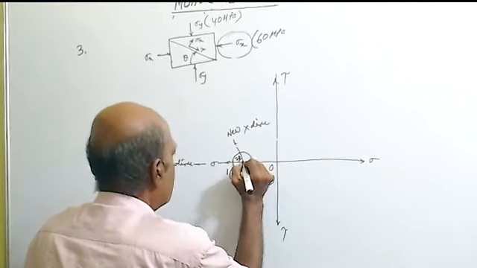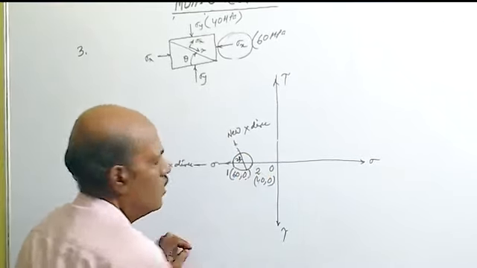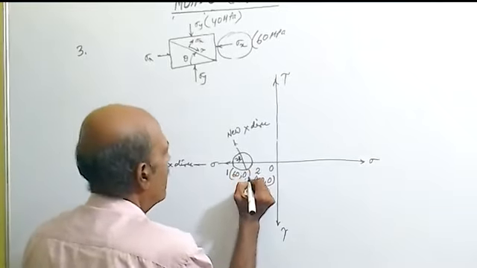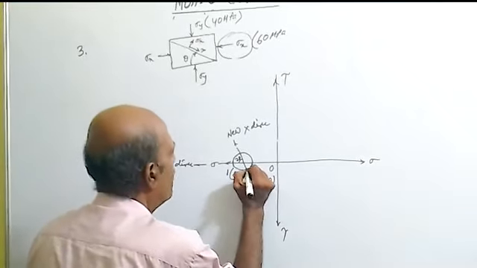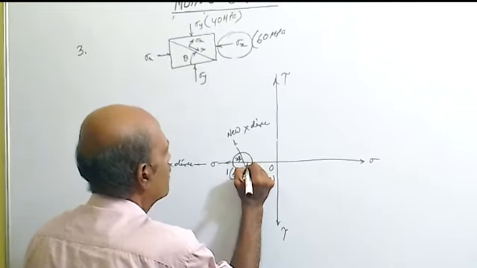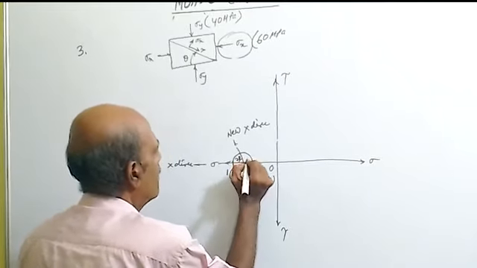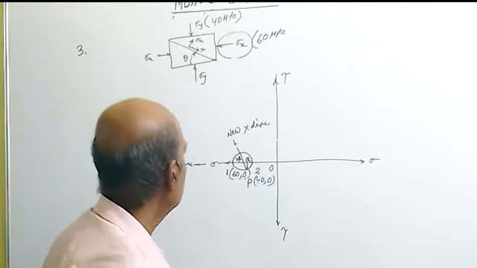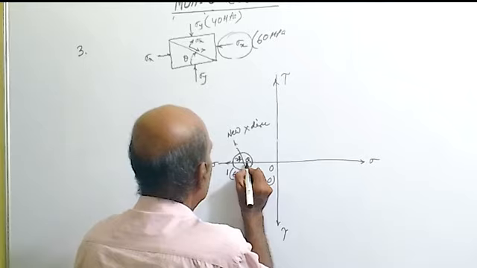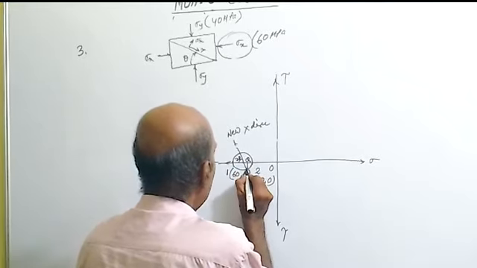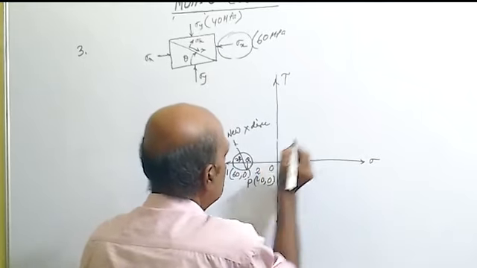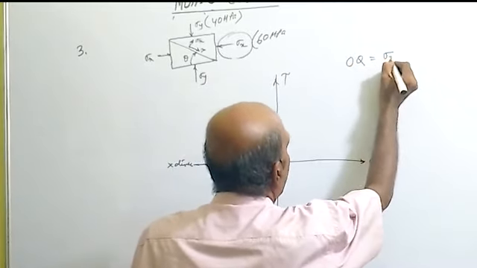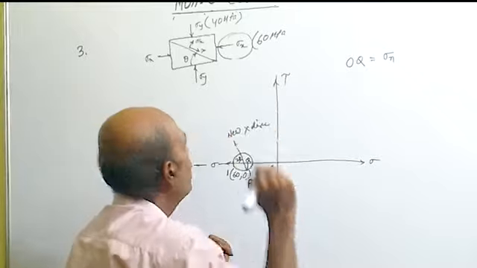Extend the line of the new x direction so that it touches the other side of the circle. Mark this point as P, and from P drop a perpendicular on the sigma axis. That point is Q. Now you can measure easily. The OQ distance will give you the sigma n value on the inclined plane.